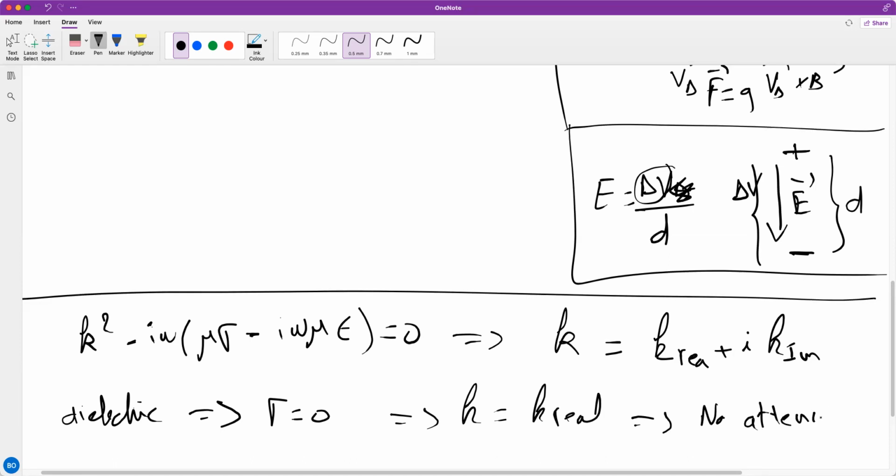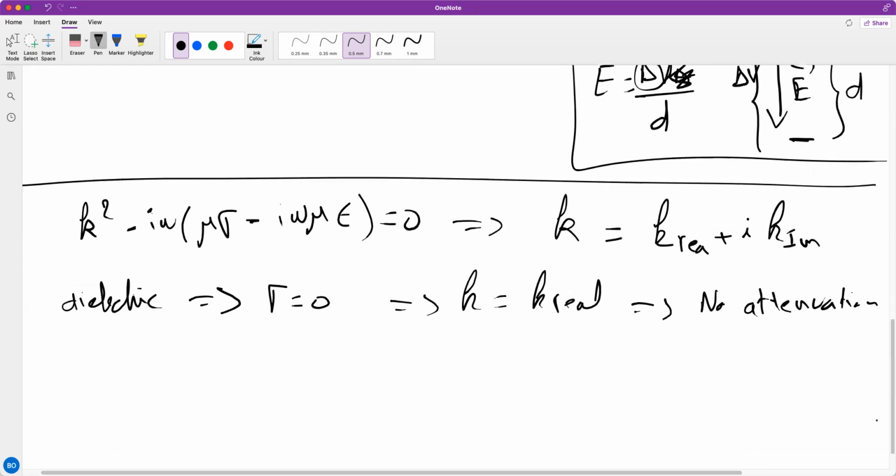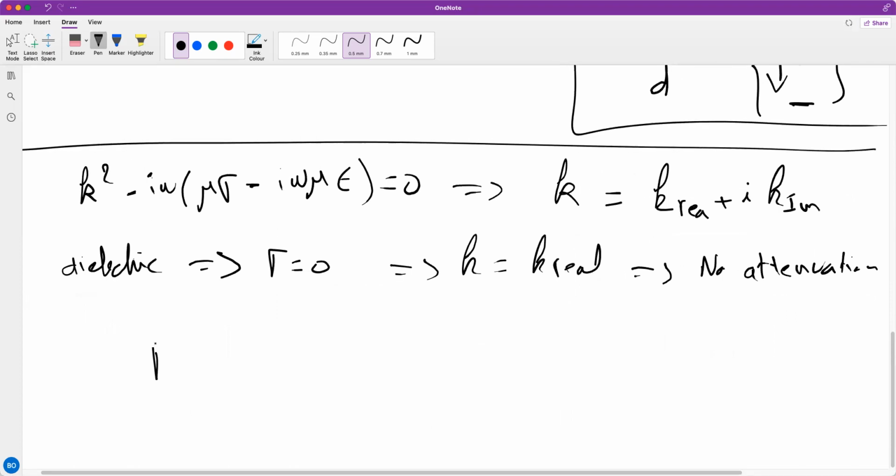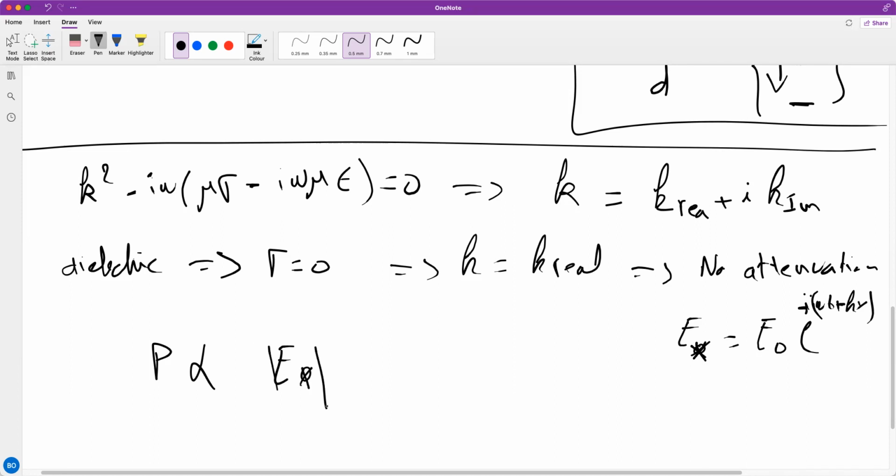If you look at the power, which is proportional to the magnitude of the field, for the electric field E x, E0 exponential of i omega t plus or minus k x, the magnitude of it is E0 squared.